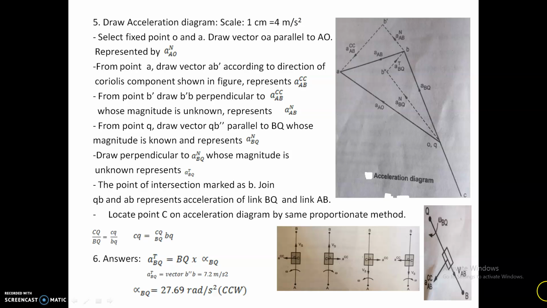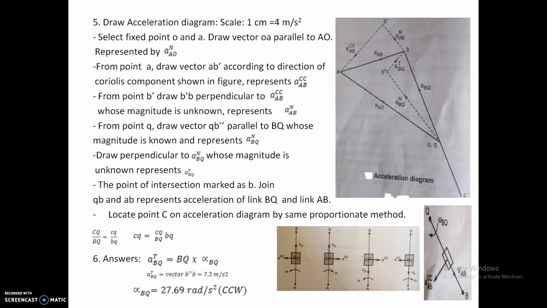We have four possibilities, and it depends on the sliding velocity and the omega of the link on which the slider is sliding. This particular velocity AB is outward with respect to Q, the fixed point, and the direction of omega of BQ is clockwise.